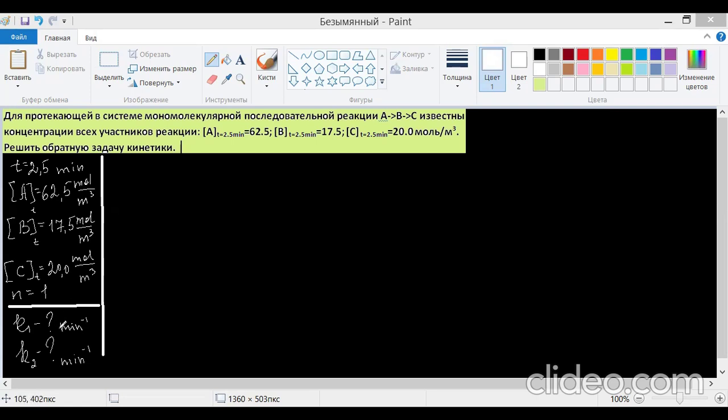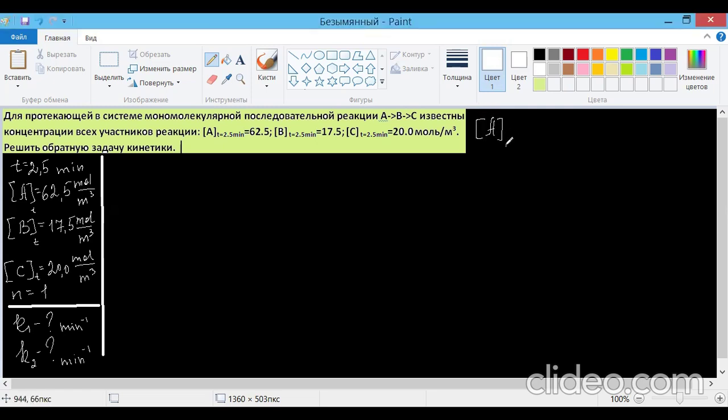The thing is that, as it is a unimolecular reaction, it makes the situation easy to deal with. We can use the material balance equation in order to calculate the initial concentration of the reagent A. Here it is.